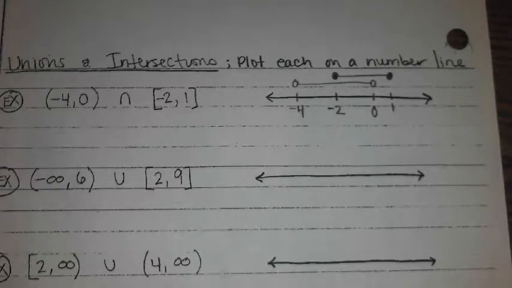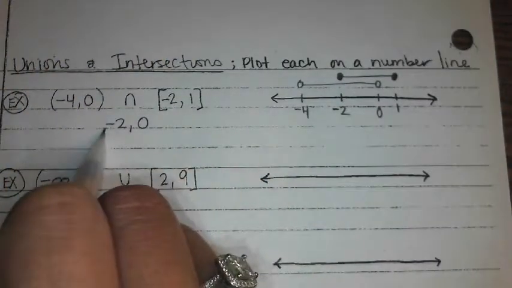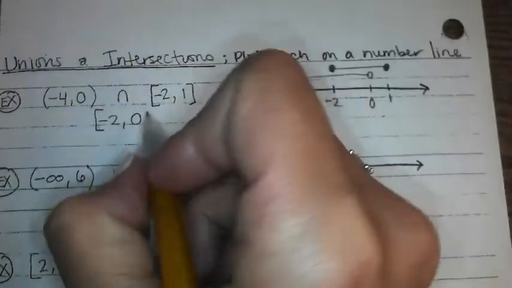So they are overlapping from what number to what number? Let's go with Kendall. Negative 2 to 0, and then tell me about the signs that I'm going to use. Am I going to use a parenthesis or bracket on the negative 2? Bracket, good. Parenthesis or bracket on the 0?